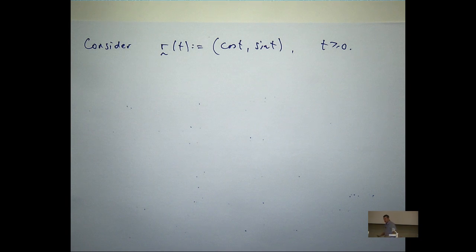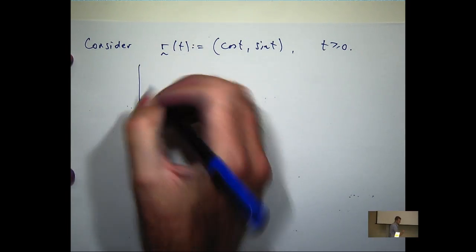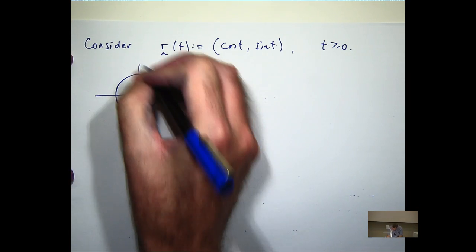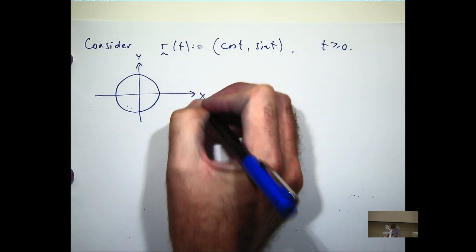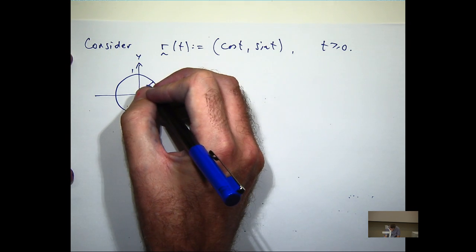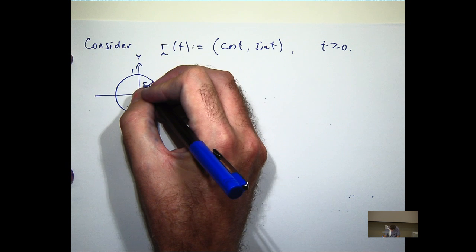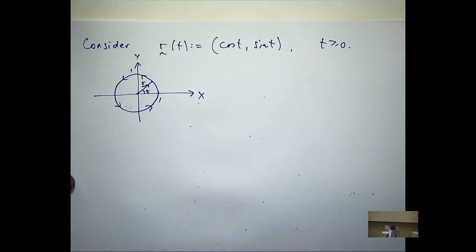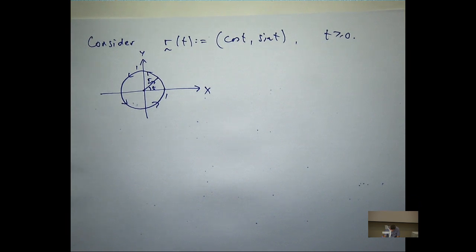And if t is the angle to the positive x-axis, then you're going to get something like this.